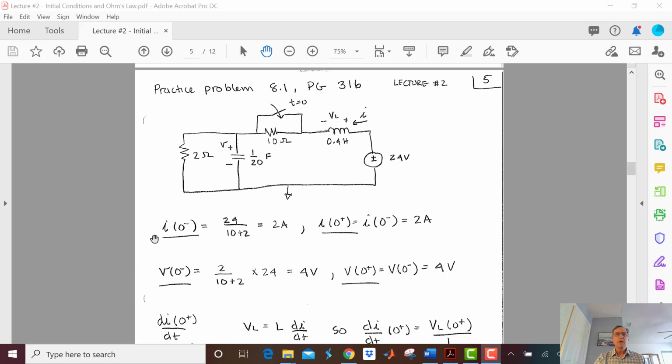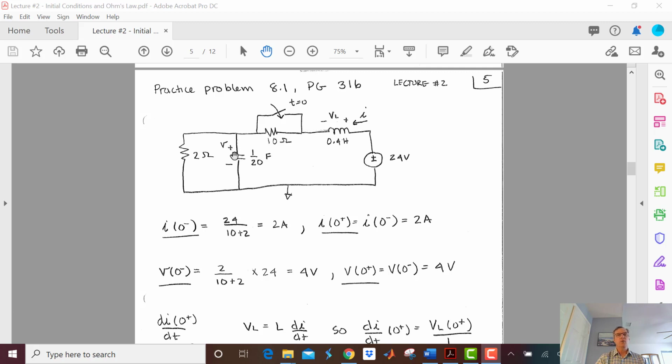Let's take a look. The current at 0 minus, if it says I, you better be able to find I here. At 0 minus, the switch is open. I start at 24 and I have no voltage across the inductor because I'm at steady state. So I'm at 24 volts here.